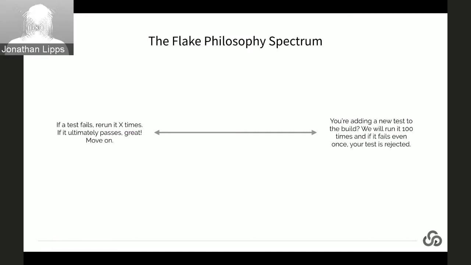And if there's any flakiness at all, in some cases, the tests are rejected. They're sent back to the author saying, sorry, we can't merge these tests into the build. Maybe we can't merge the feature that goes with them, whatever, because there's flakiness.